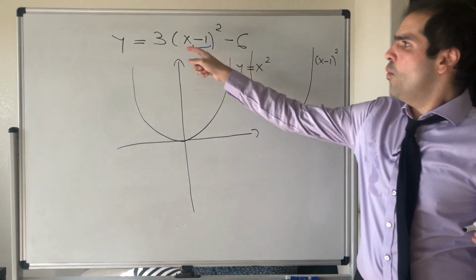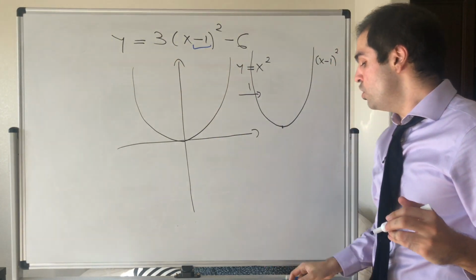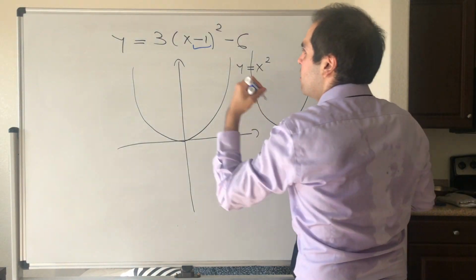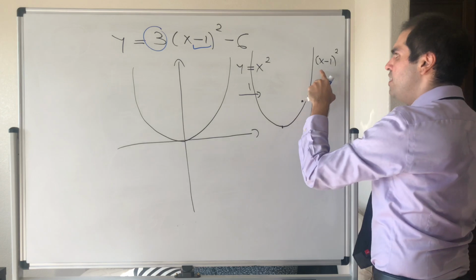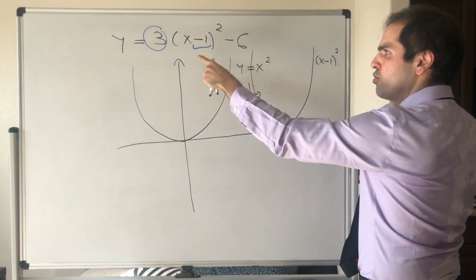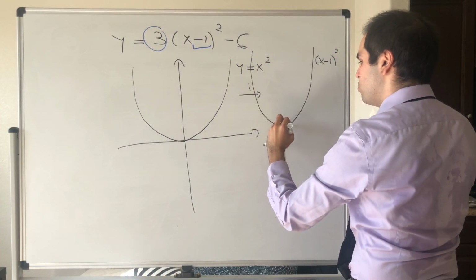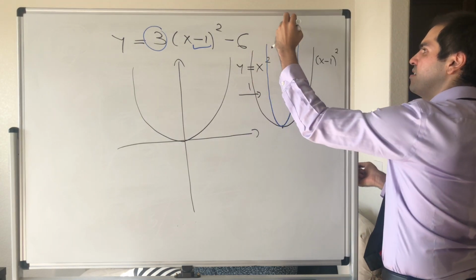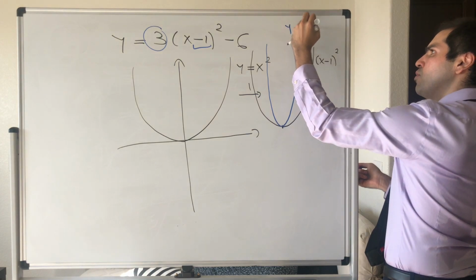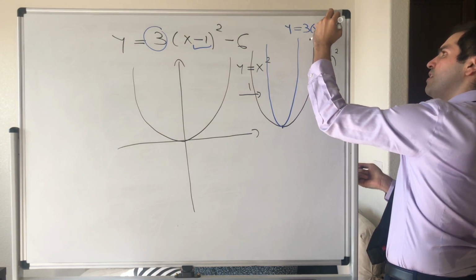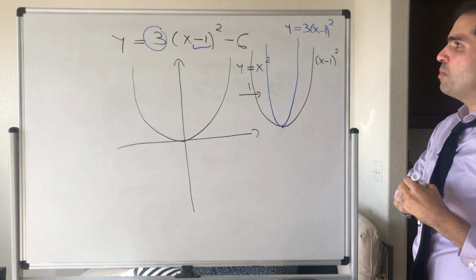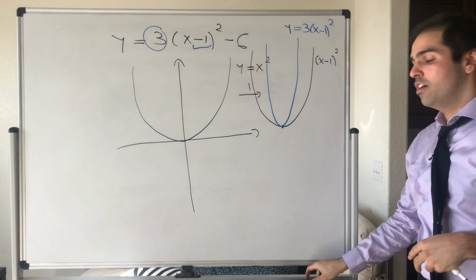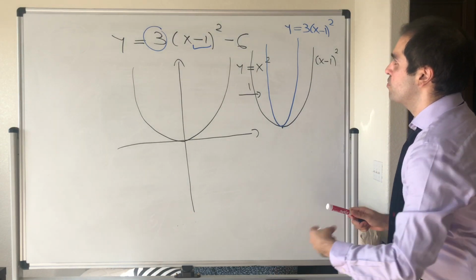Now the question is, what does this 3 do? It just dilates it, sort of shrinks it a little bit vertically. So the difference between x minus 1 squared and 3 times x minus 1 squared is that this one looks a little bit skinnier in some sense. So that is y equals 3 times x minus 1 squared. And last but not least, what about this minus 6? Well, it shifts it just down by 6 units.